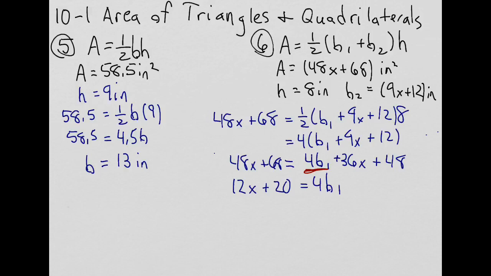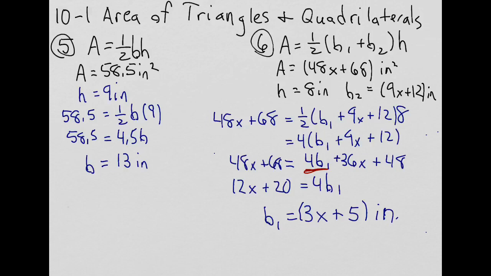So I'm going to do that. And so what I get is base sub 1 is equal to 12x divided by 4, which is 3x. And then 20 divided by 4 is 5. Okay, so my solution, if you want to be precise about it, is 3x plus 5 inches.